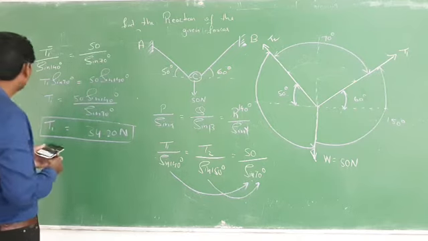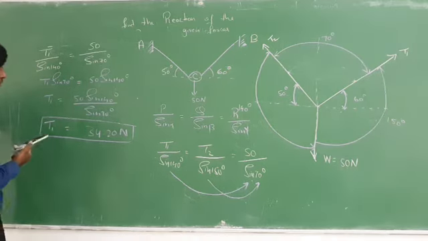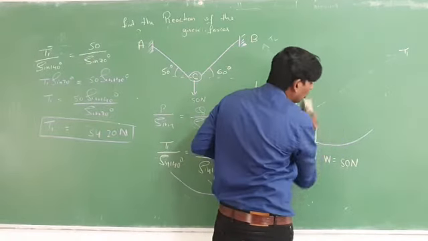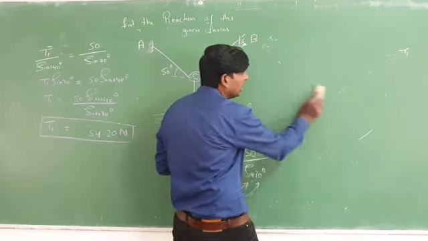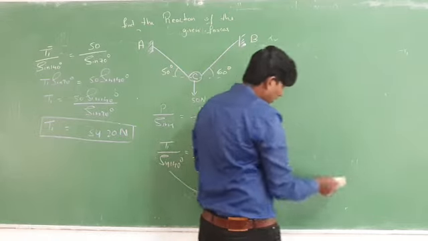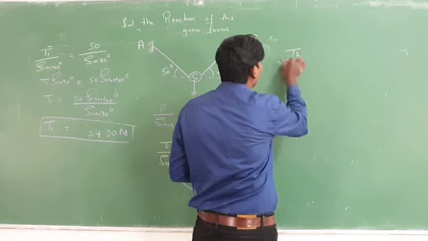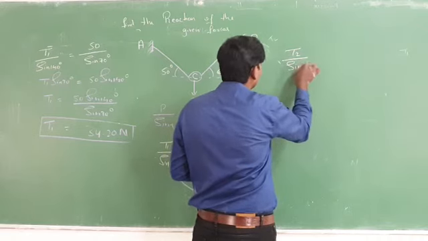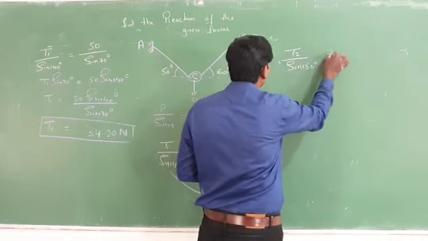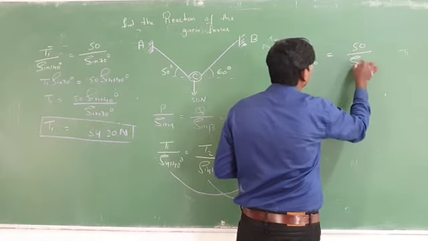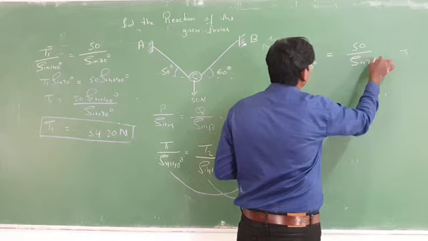After that, what you have to do? You have to find out the value of T2. For finding the value of T2, take another known and unknown. See here, T2 by sin 150 is equal to 50 by sin 70 degree.